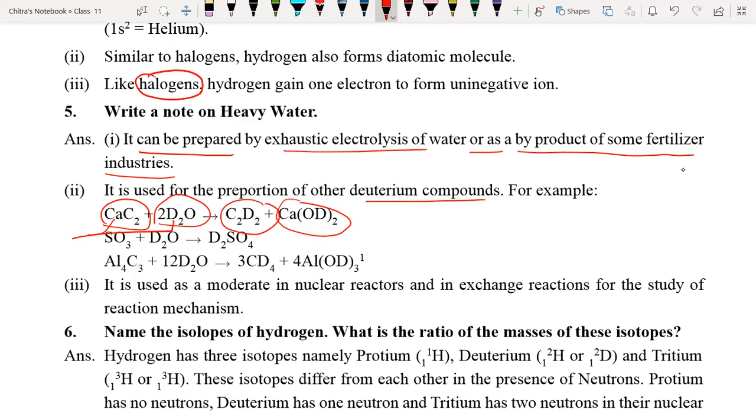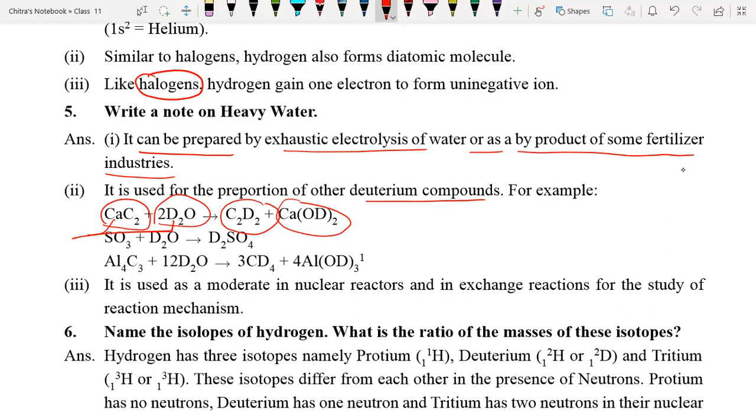Those heavy metals may be present in salt form or in suspended form in water. That water is again called heavy water. Such heavy water can be prepared in the laboratory by adding carbides of calcium or oxides of deuterium to it, and it can be used for different purposes.